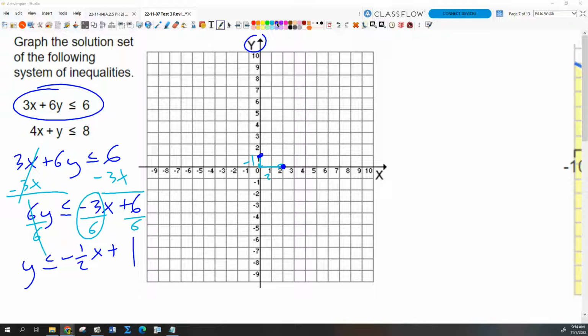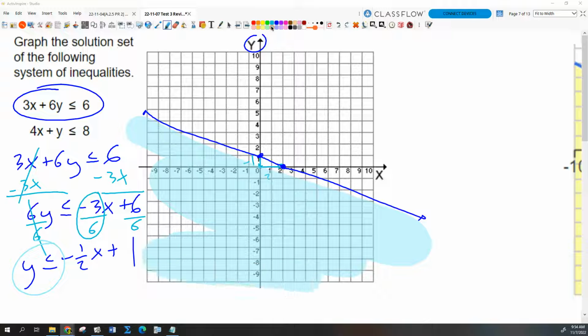Solid. Shading above or below? Below, and I know it's below because y is less than the boundary line. Vertically, that means below, right? So there's my shading.